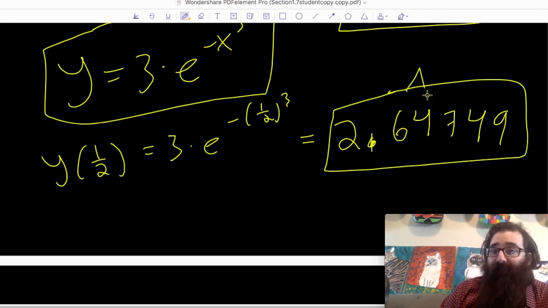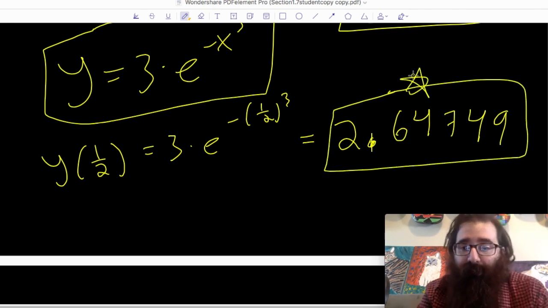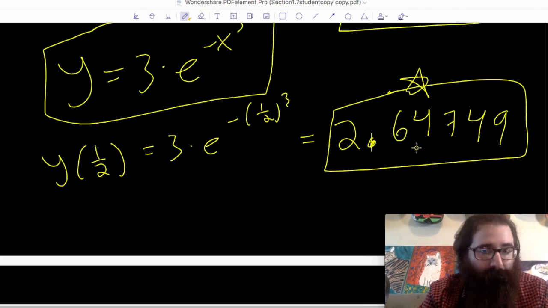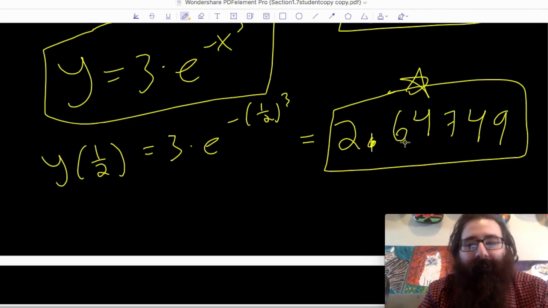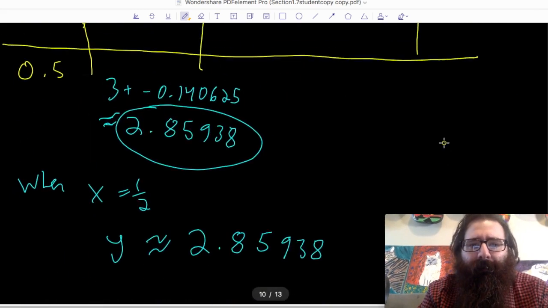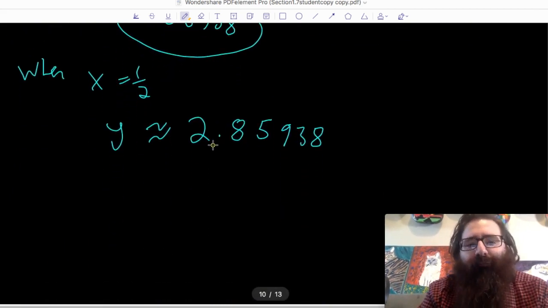Now, last I checked, you were in charge of doing that approximation for h equals 0.1. So I want to know from you, did that one work out pretty close to this value? Hopefully it did. But the one we did together, h is 0.25, so 2.64749, that's pretty close to 2.85938.